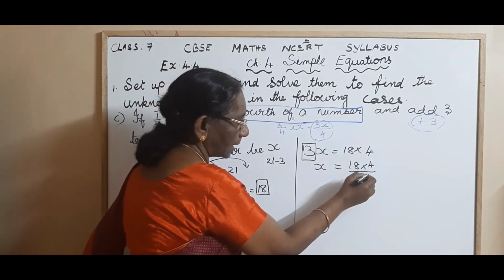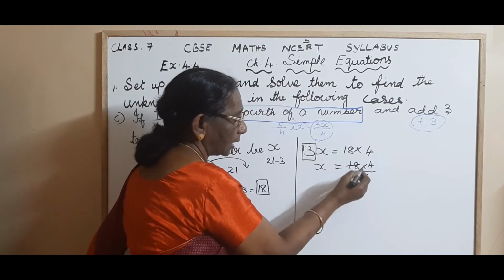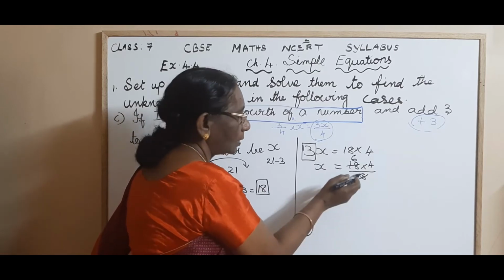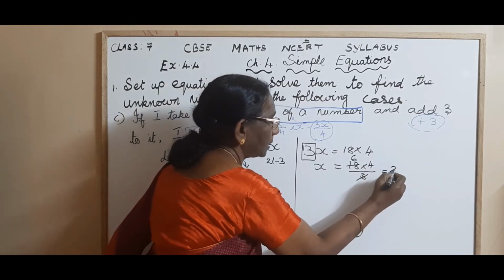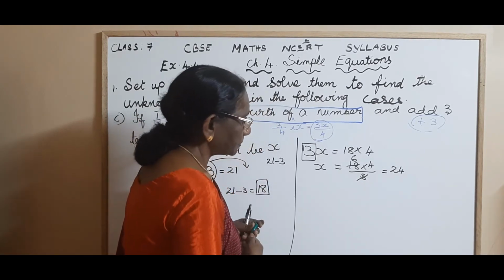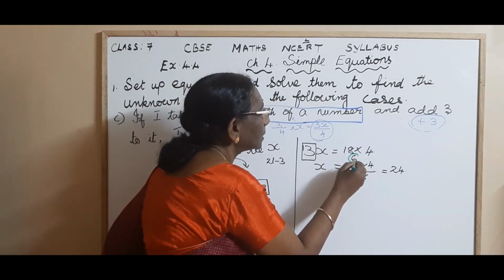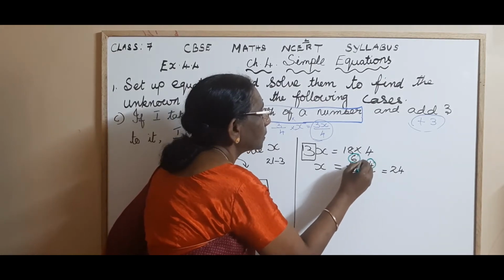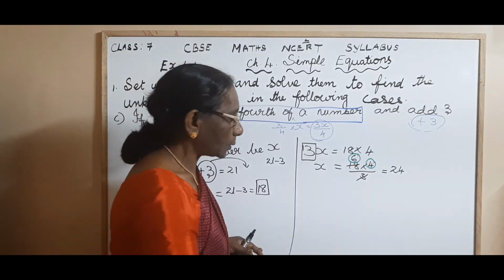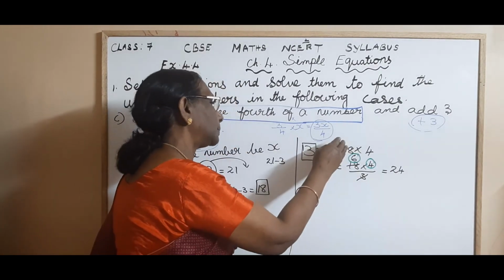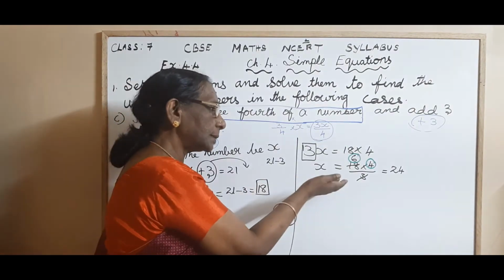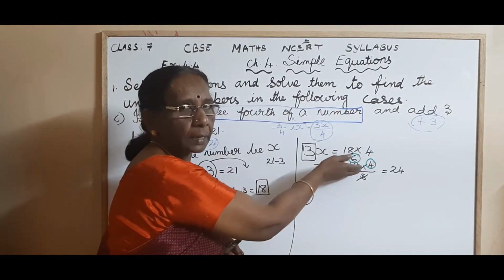How? You can cancel this 3 and 18. 3 sixes are 18, so the number is 6 into 4. Now multiply 6 and 4, so 6 into 4 is 24. Have you understood this simple calculation? If you multiply first, then again you have to divide. It will take time, but this will be very simple. You should learn this calculation.